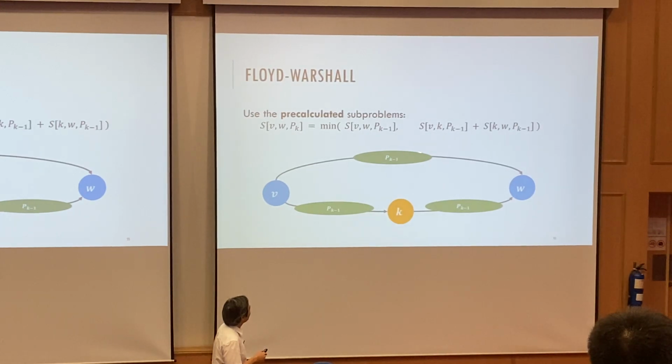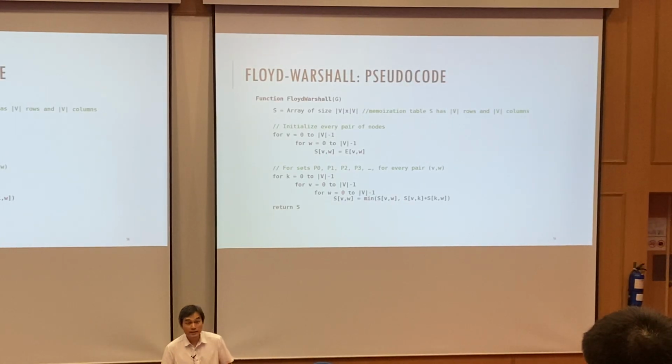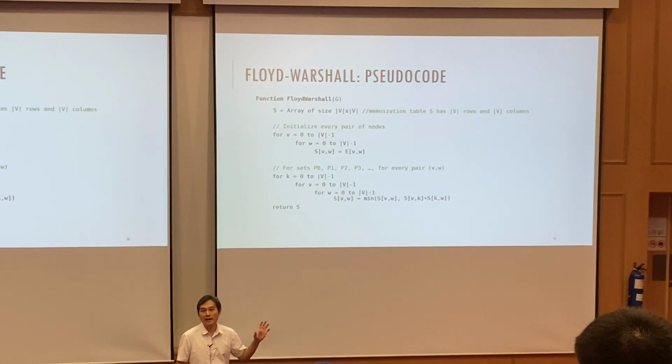We either go through the set P_k minus 1, or we go the distance to k first, and then k to w, for some k as we keep incrementing the set size. So this is the pseudocode. It's very simple. It just formalizes what we just did manually a few moments ago.